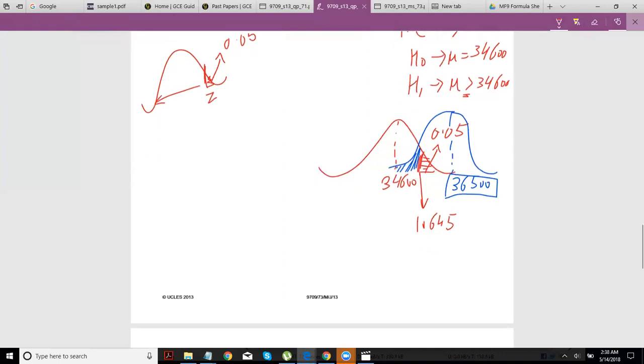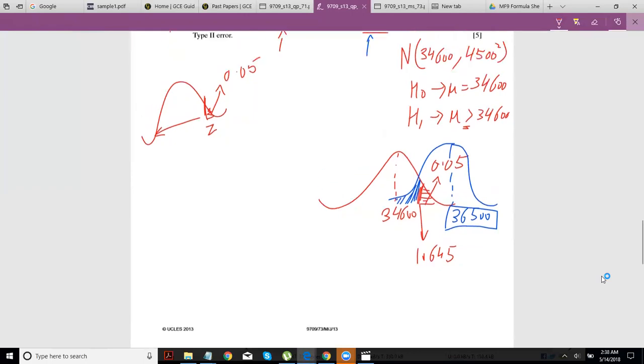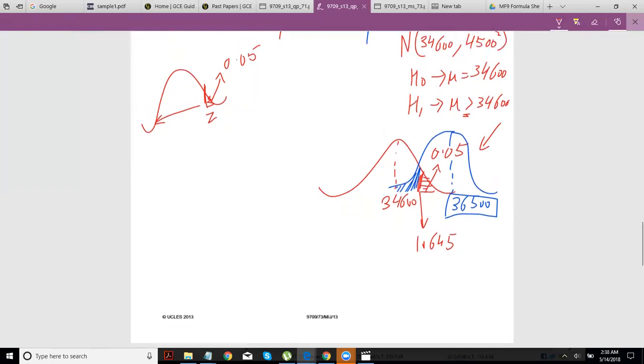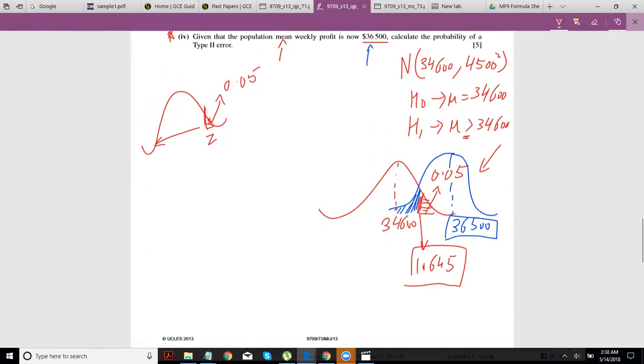So you need to find the probability, using the new curve, that your value can be less than 1.645, but 1.645 is your z value. So you'll need to convert that into an x value using your old distribution curve, because it's the z value of your old curve, right?